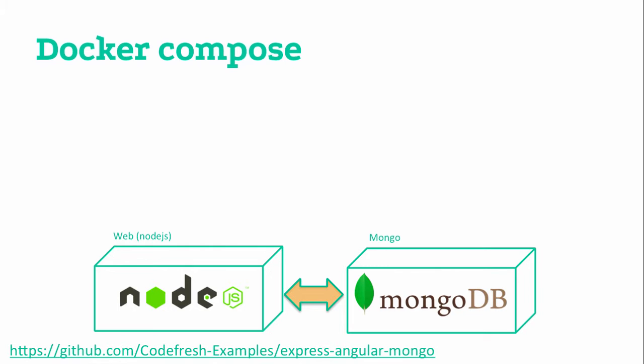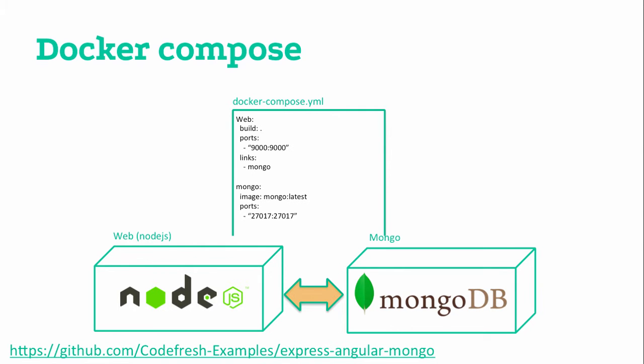Now, as the first step, we will manually run each and every one of these containers. We will first run the MongoDB container, then we will run the Node.js container, and we will pass an environment variable to these containers that will allow this microservice to connect to the MongoDB. After we do it, we can see that there is a simpler way to do it by writing a simple Docker Compose YAML file.